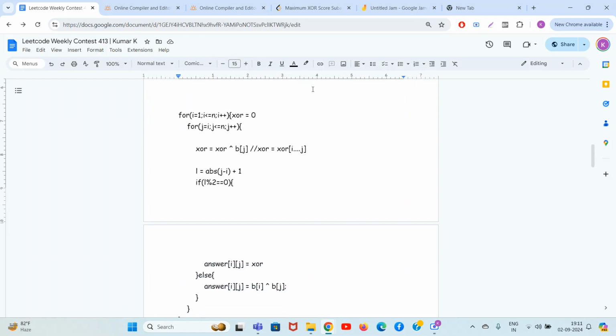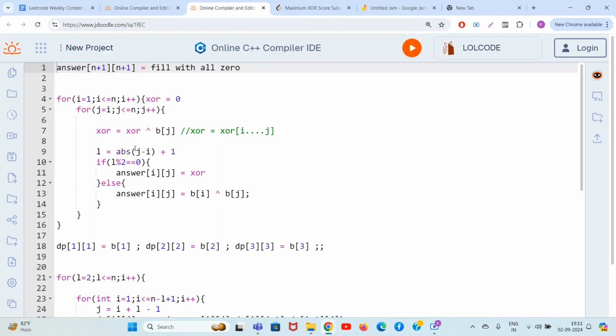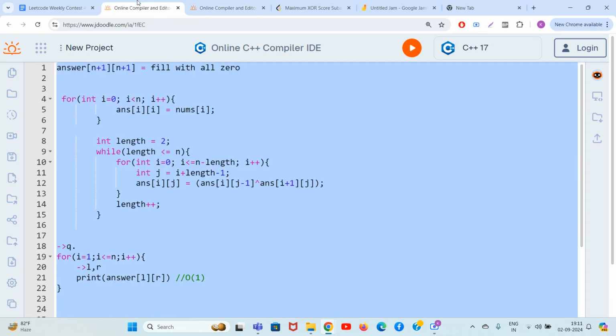First, for all length one we are checking. I'm running a loop with i equal to 1, i less than or equal to n, i plus plus, where i is the start point of the subarray which we are trying to calculate.